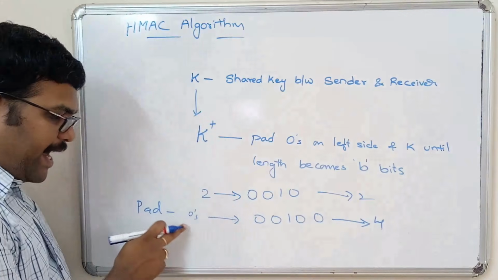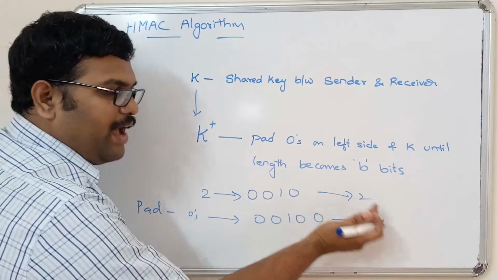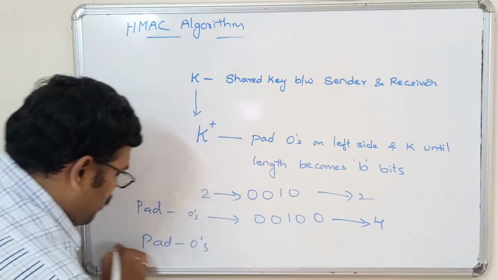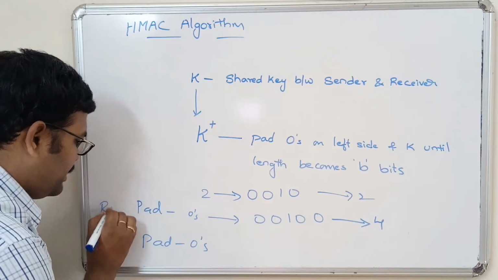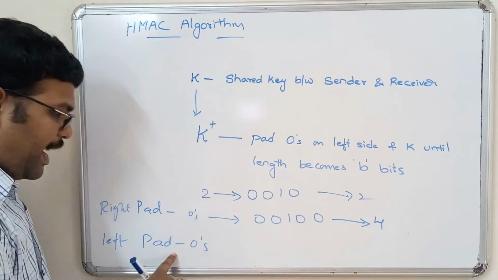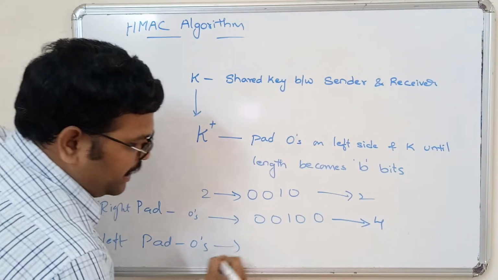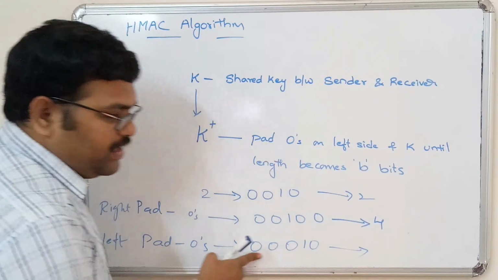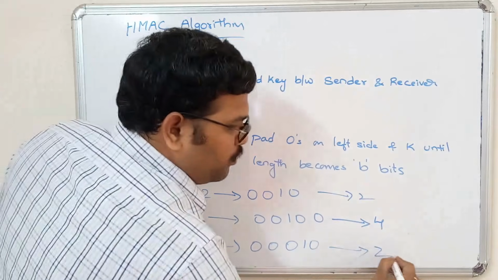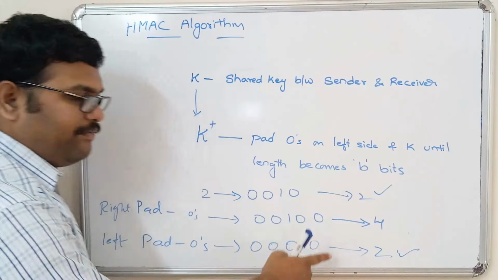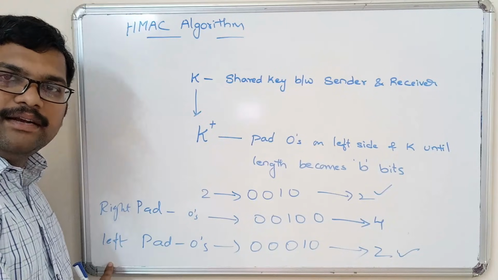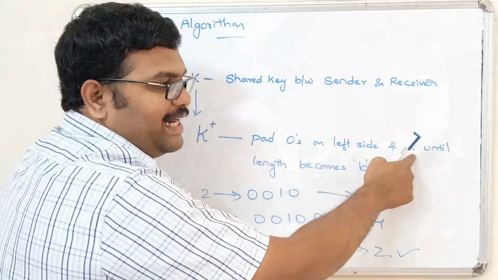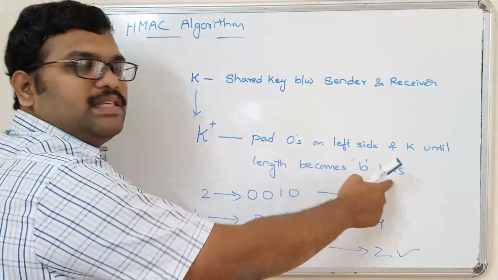That means after padding zeros on the right side, the value changes. If we pad zeros on the left side, it becomes 0 0 0 1 0, and the decimal value is 2. So the value will not change if we pad zeros on the left side. That's why we pad zeros on the left side of the secret key until the length becomes B bits.